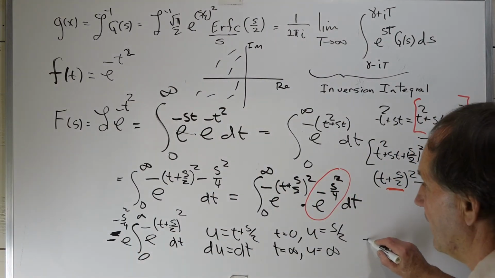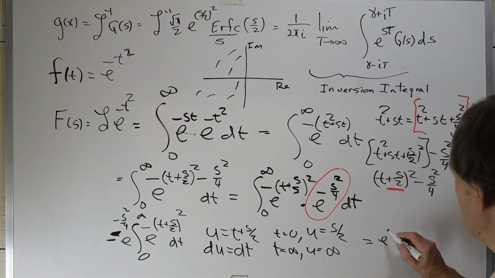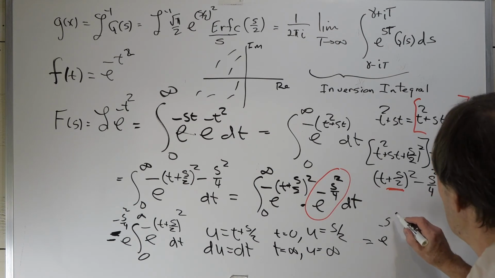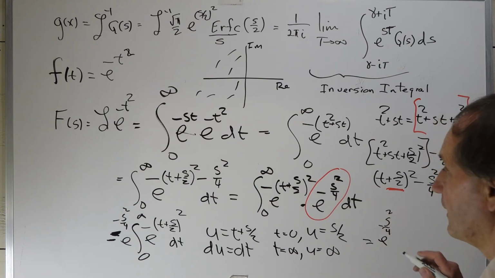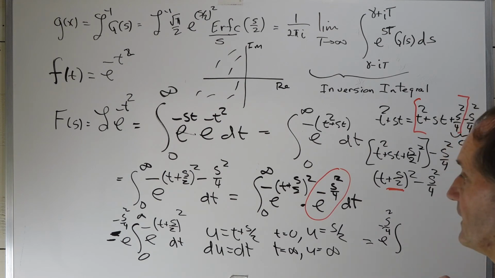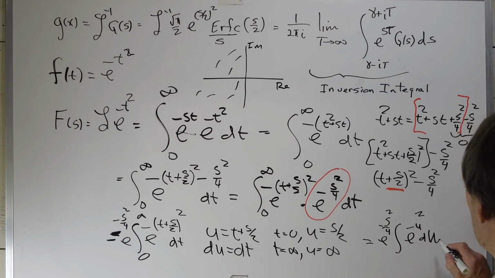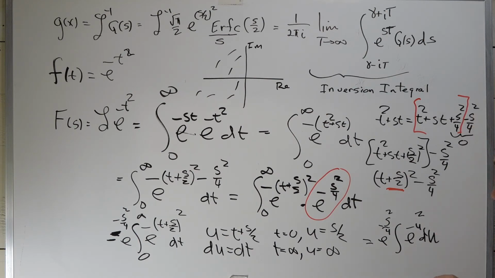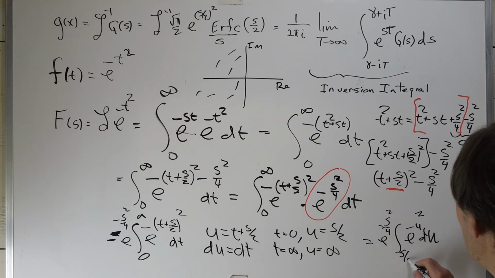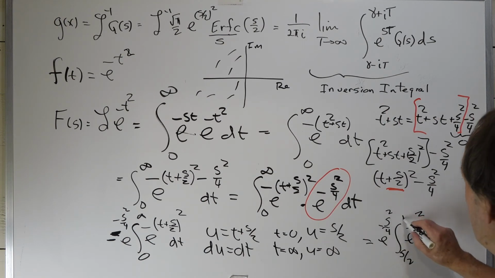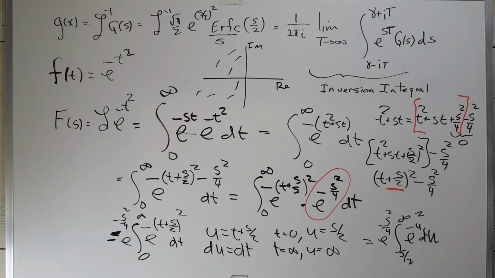So this now becomes e to the minus s squared over 4 times the integral of e to the minus u squared du, and then the limits go from s over 2 to infinity. And this portion you recognize as being the complementary error function.